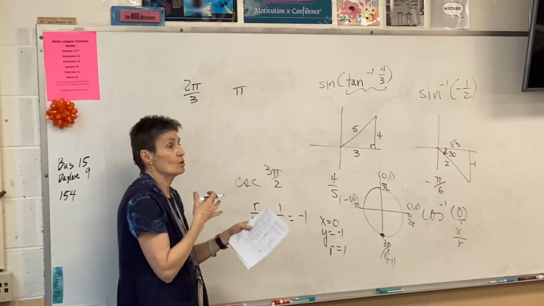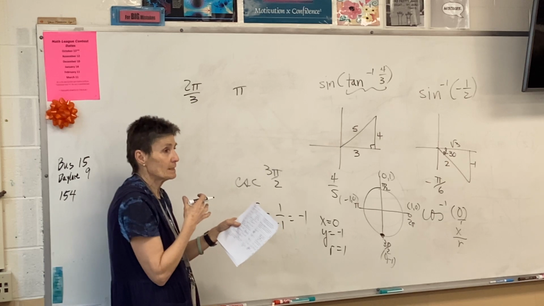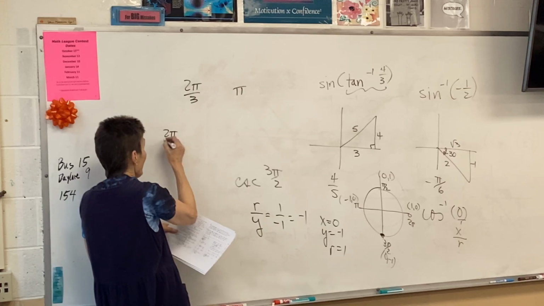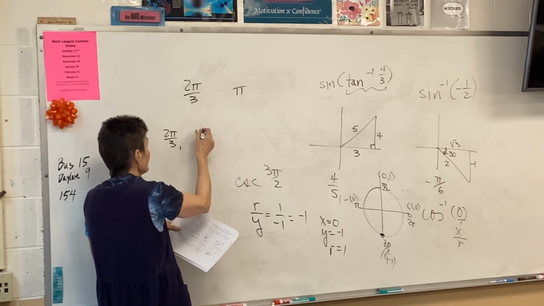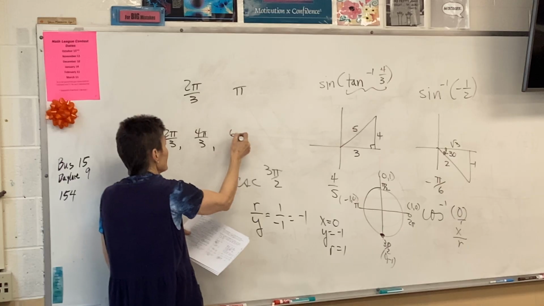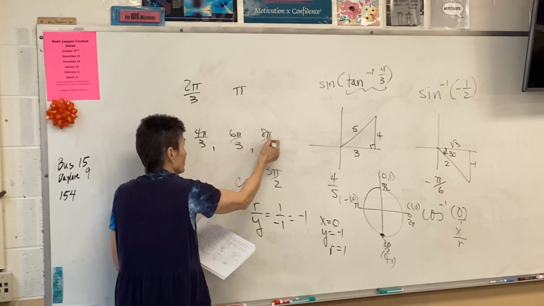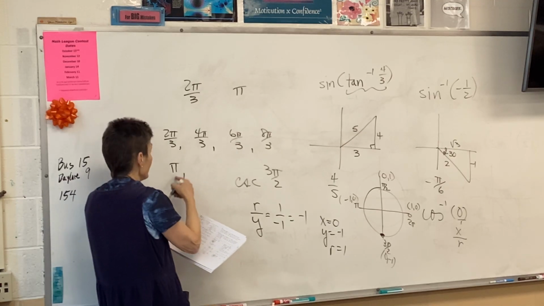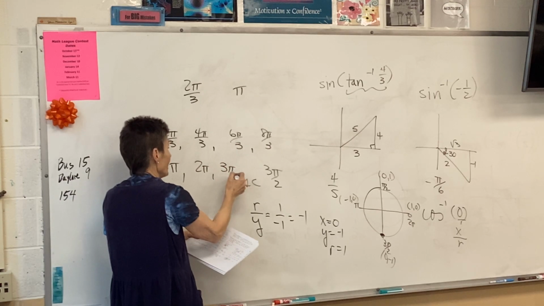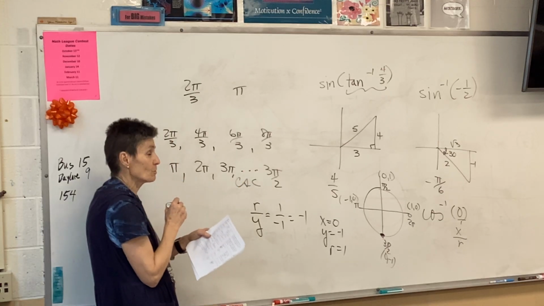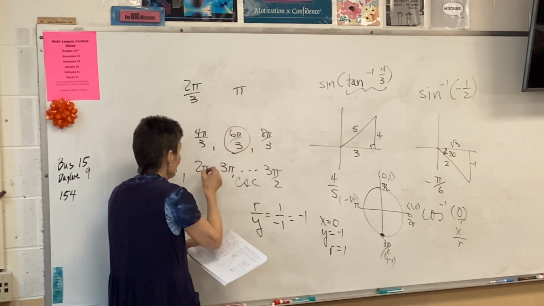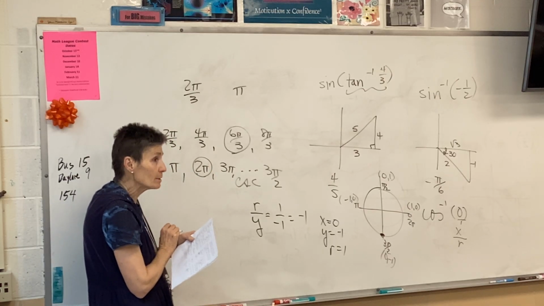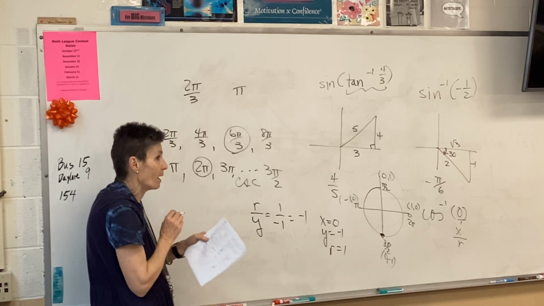No, because those don't match. But it is periodic. This one repeats every 2 pi over 3. So 2/3, 4/3, 6/3, 8/3, and so on. This one repeats every pi. So pi, 2 pi, 3 pi, and so on. The first time they match is right here, isn't it? So the period of the problem is 2 pi.